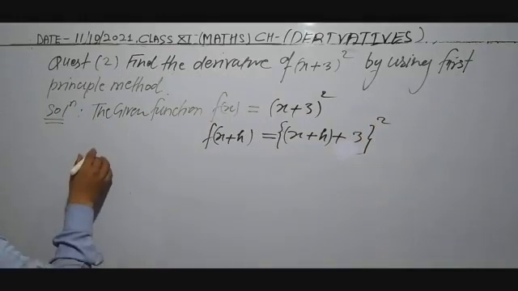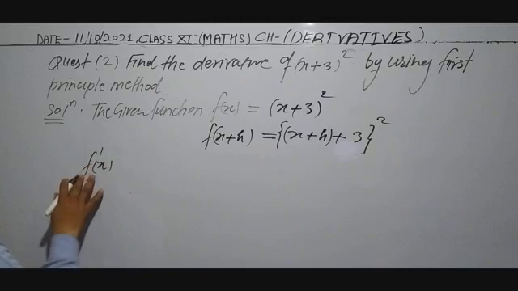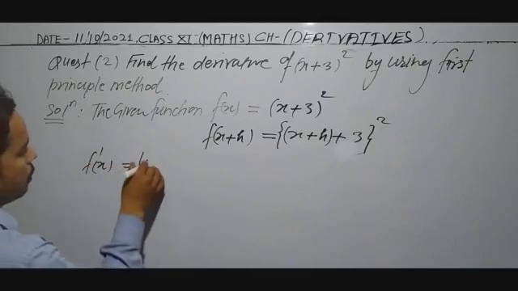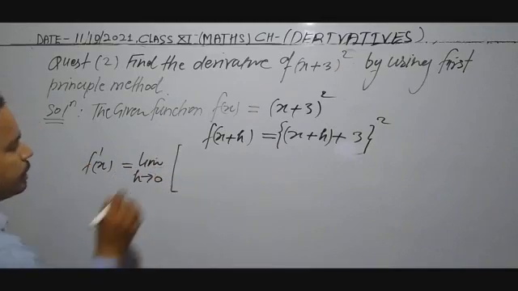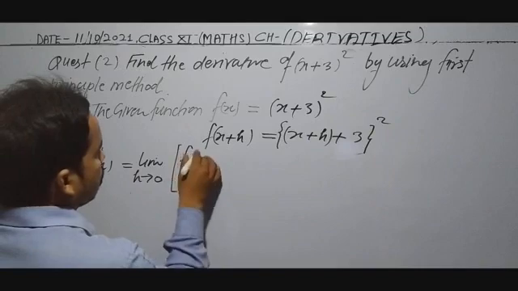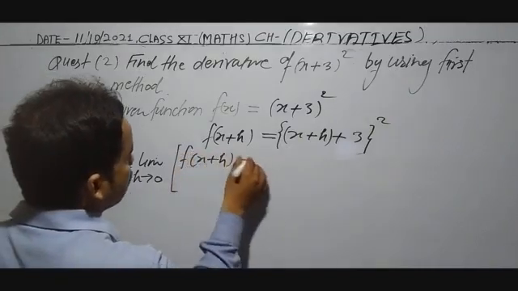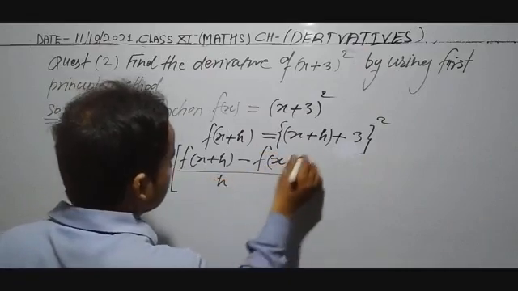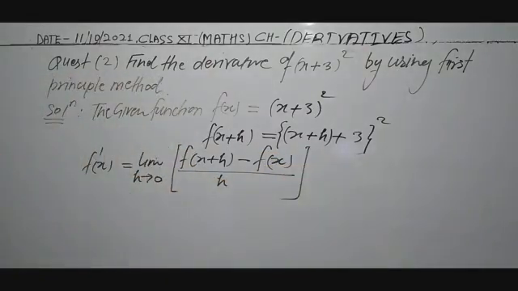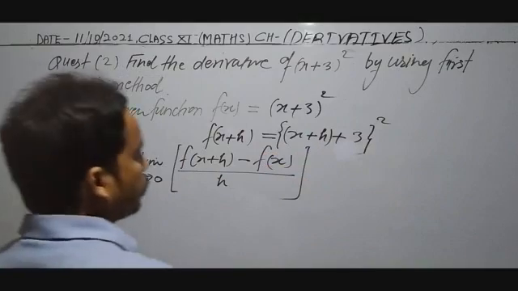Now f dash x function we can write limit h tends to 0, f of x plus h minus f x whole upon h, and its value we have to put.